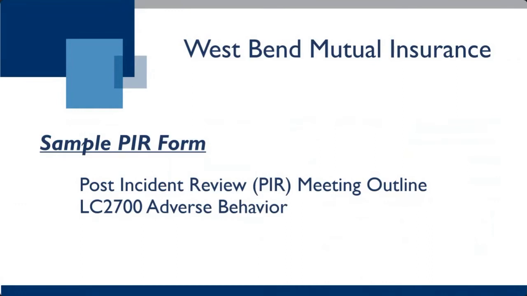The form is the LC 2700 Adverse Behavior. If you are interested, contact your loss control representative and say you're interested in this, and they should be able to find the form for you. But if you want to jot it down just in case, you can ask them for LC 2700, and they will be able to provide that for you once we have it fully approved for release.